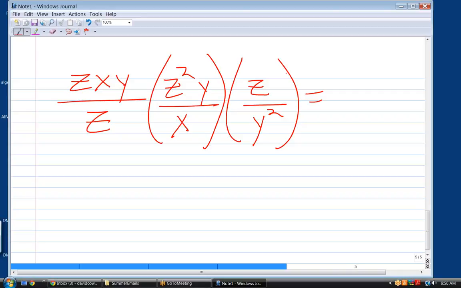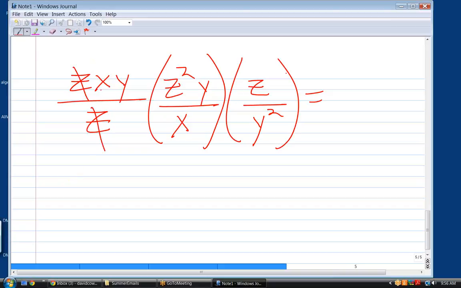What can I cancel right off the get-go? How about this z over here and this z right there? Okay, so it's always best to cancel before multiplying.